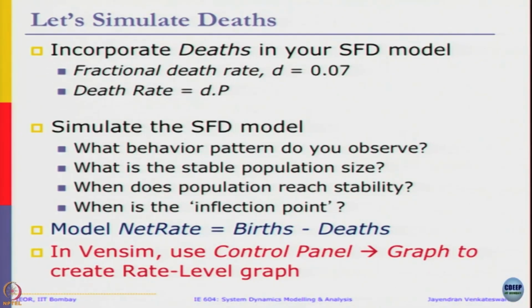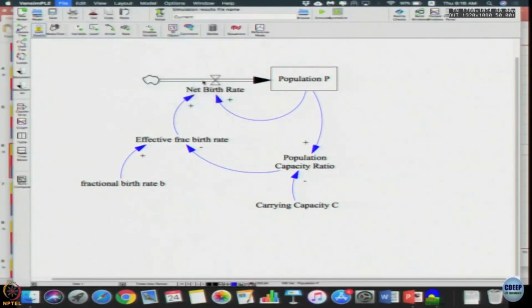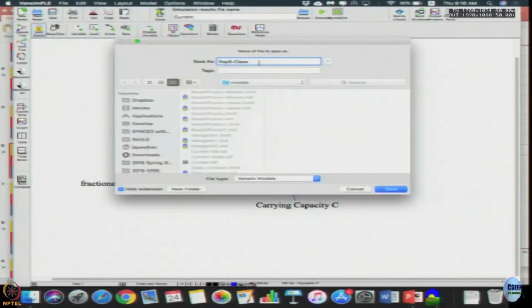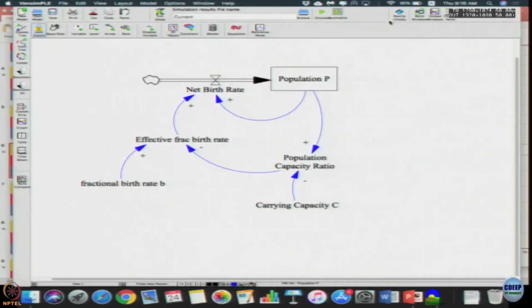So, I am going to go to Vensim now, go to file, save as, and change it, so that I can include the deaths. I added a flow, death rate, and I have another variable called fractional death rate.